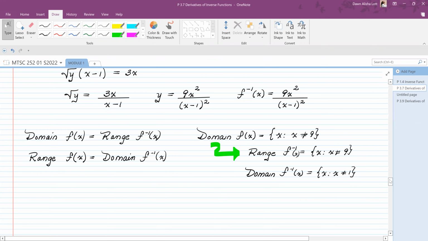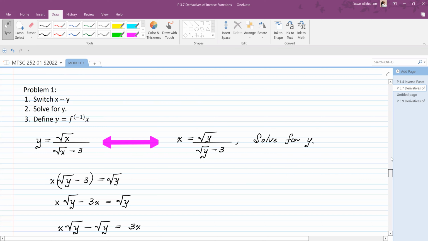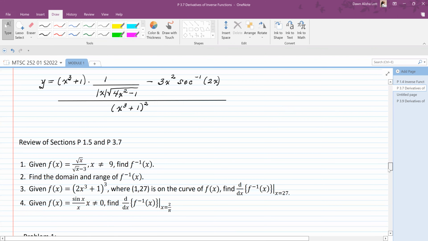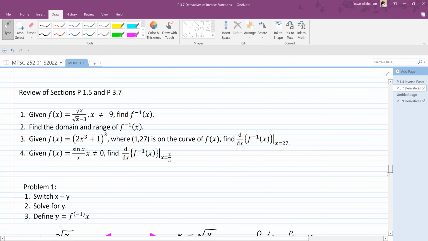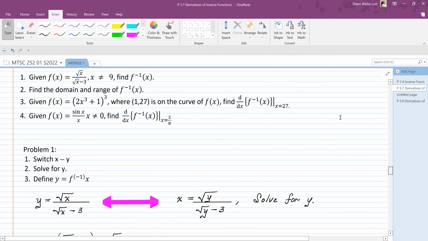All right. The next part of the review. Aha. So given f of x is equal to, so here's the problem.